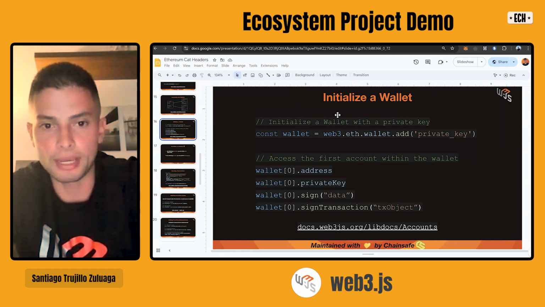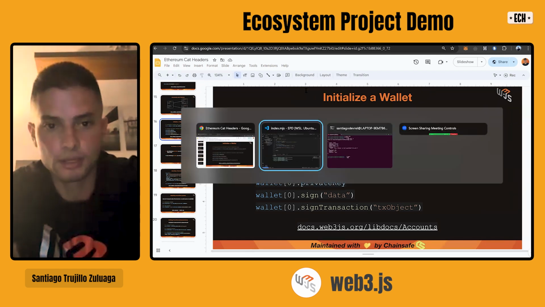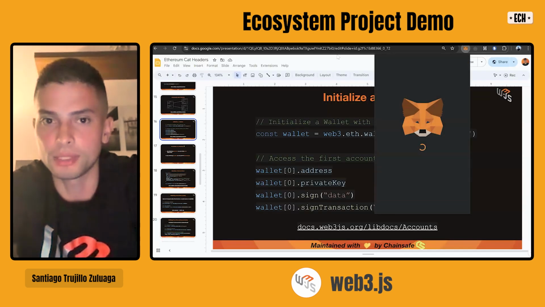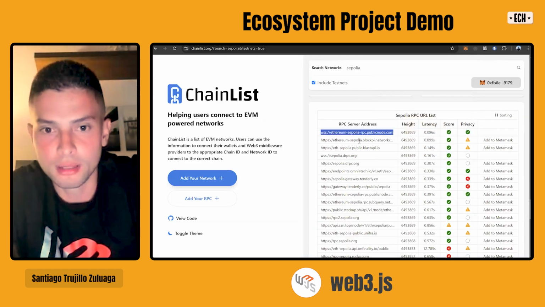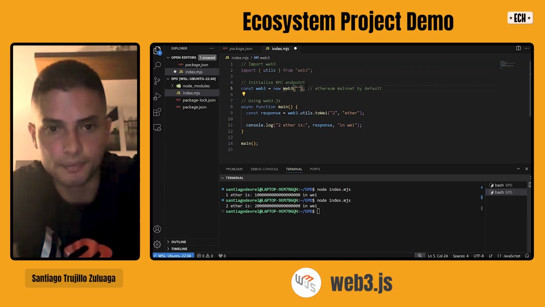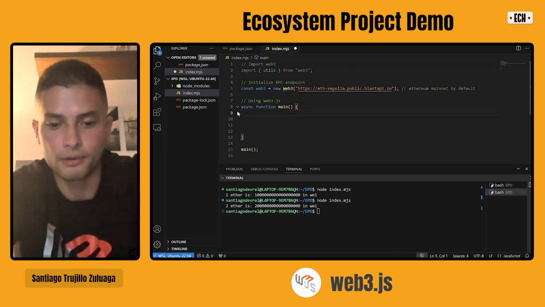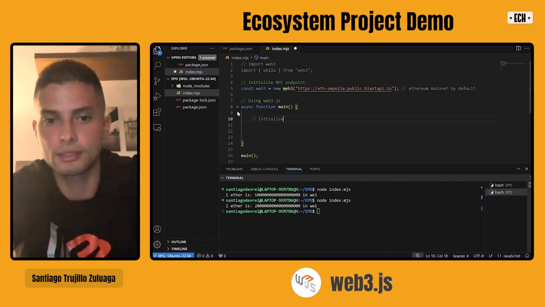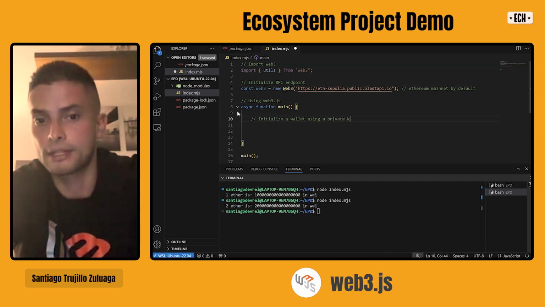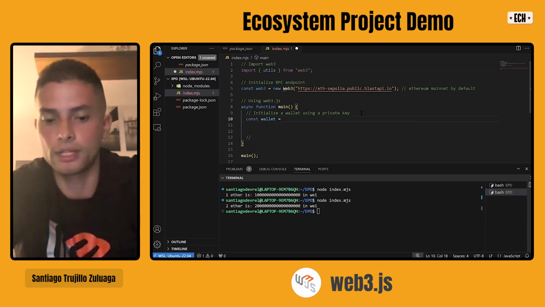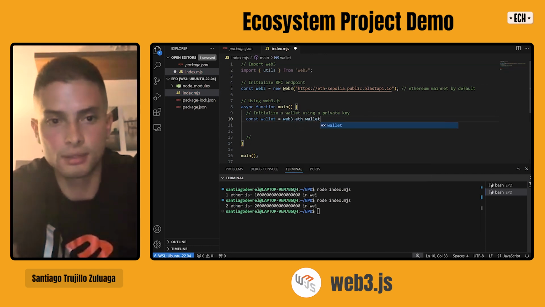So now let me show you how we can initialize a wallet. Now that we are interacting with Sepolia, let's just put here the endpoint to Sepolia. Perfect. So the first thing we need to do is initialize a wallet using a private key. That's one way. I'm going to also show you a different way. To initialize this wallet, we need to use the method web3.eth.accounts.wallet.add.